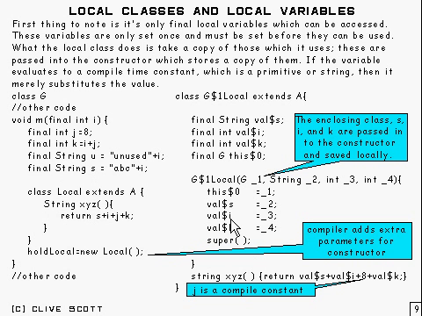And then you get val$i, and that is for that value there, which is the next value that's passed in. And then you get val$k for that value there, which is passed in as the fourth parameter. And then, and only then, it calls super to do the superclass constructor and anything else.